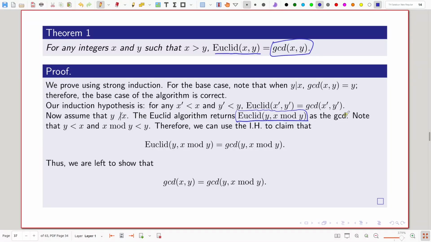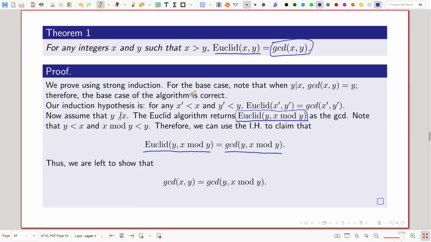This is the induction hypothesis. Now we want to show that Euclid(y, x mod y) equals GCD(x, y), right? But we know by induction that Euclid(y, x mod y) equals GCD(y, x mod y). So the recursive call gives the correct result.